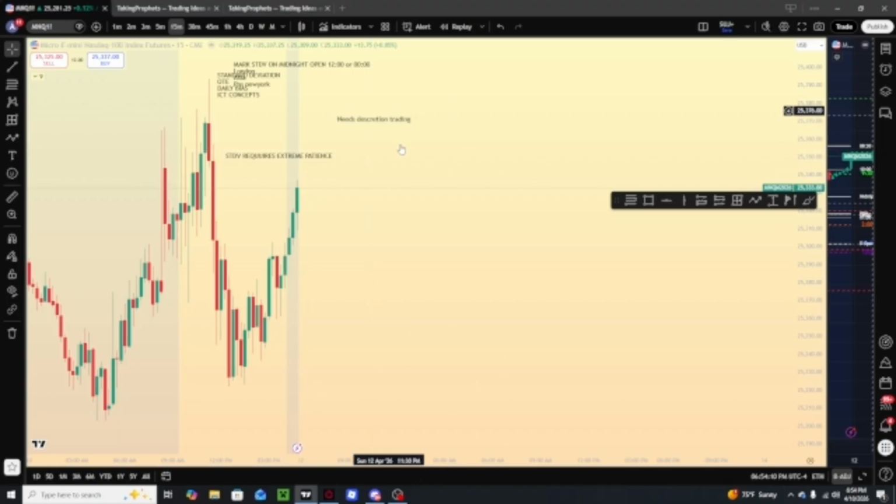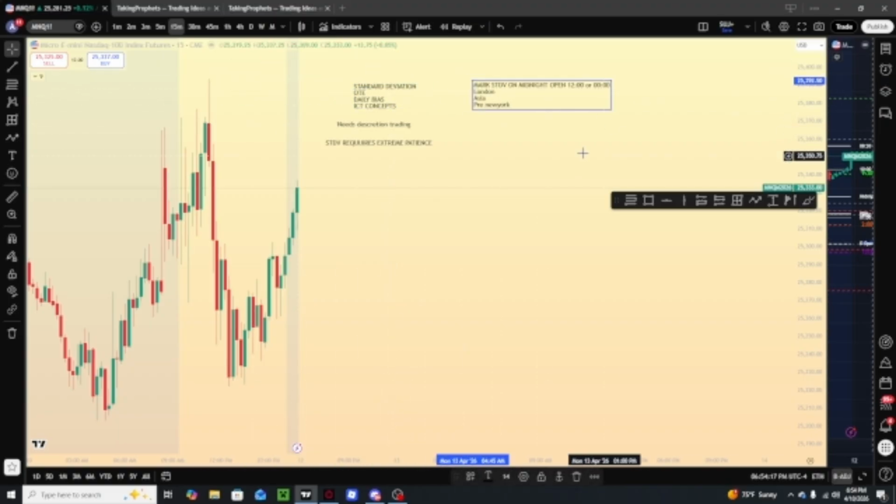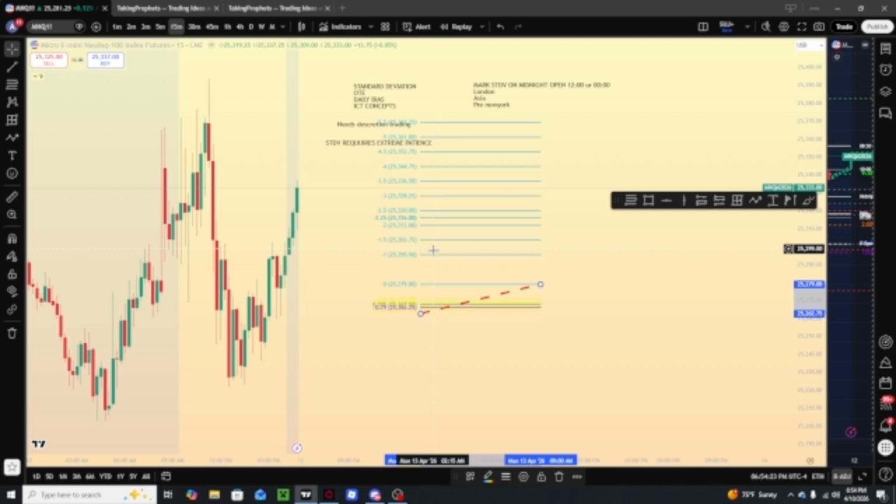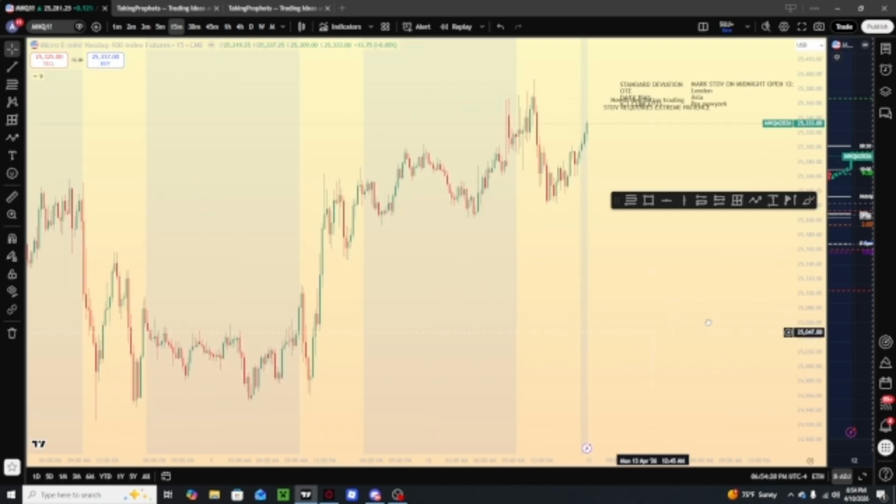So, keep in mind, if you are trading standard deviation, you are going to need a lot of discretion trading this, because all these levels that you see here might not work, because it's pretty much just a game of stacking.